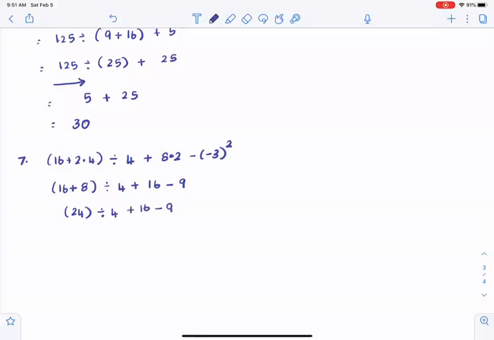Left to right, no multiplication here. So we first divide, then we move on to addition and subtraction. Divide 24 by 4, 6, plus 16 minus 9. Left to right, 6 plus 16, 22 minus 9. 22 minus 9 is 13.